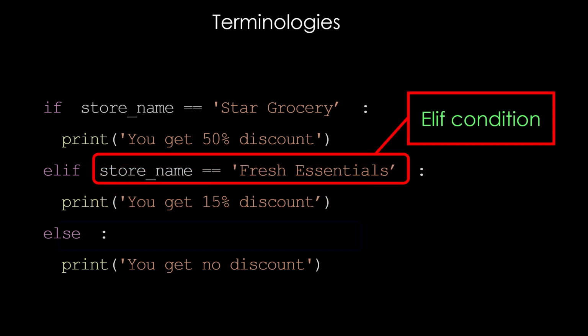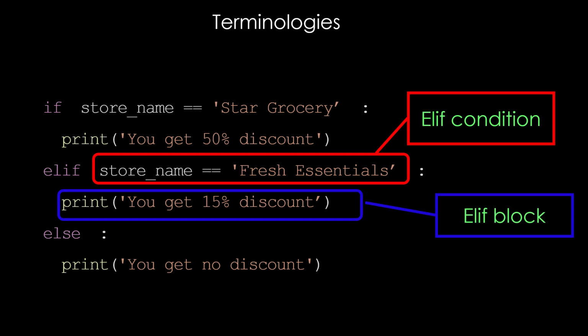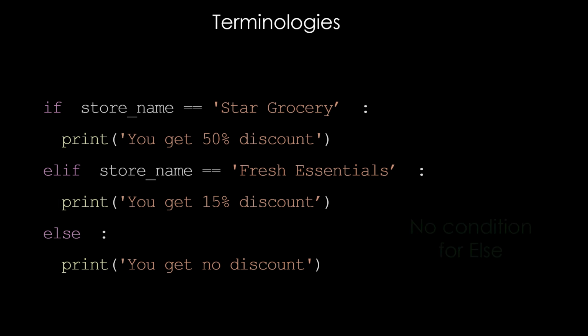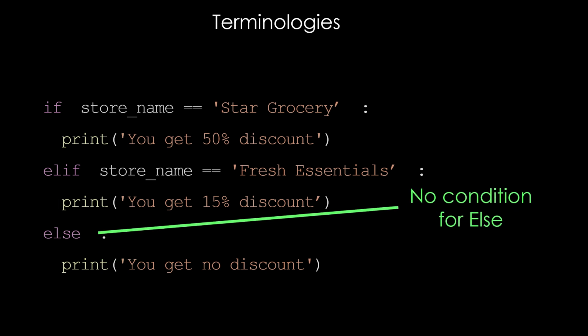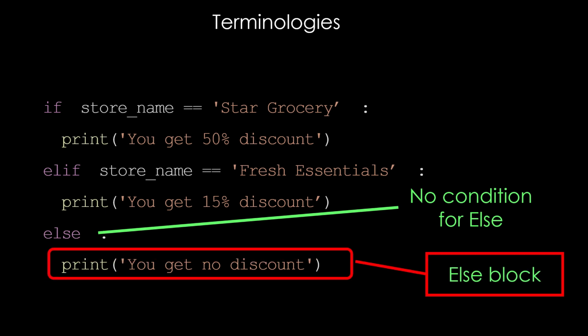Similarly, for the elif case, the condition is called elif condition, and the related actions are called elif block. Finally, for the else, there is no condition. This is because else always means none of the above. And the actions that we take when none of the above conditions are true are called else block.